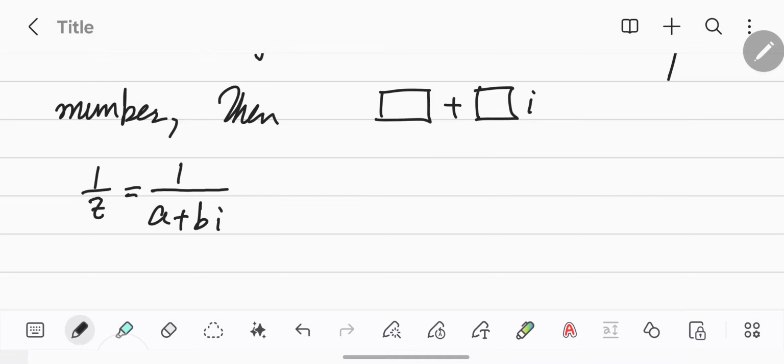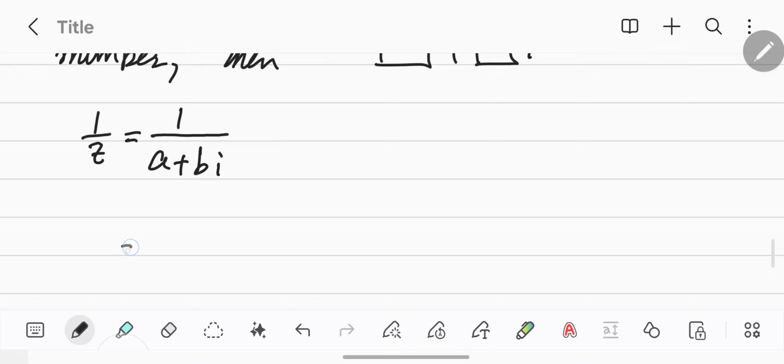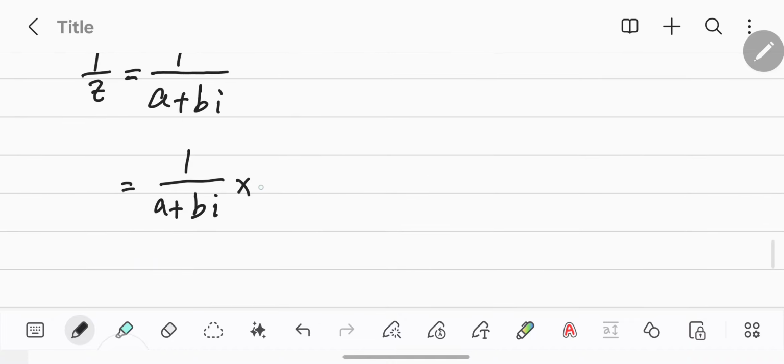Here is the method. You write 1 by a plus b iota, but you multiply and divide by the same thing: its conjugate. In the previous video, we talked about the conjugate.